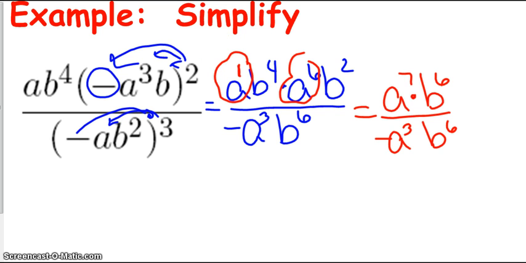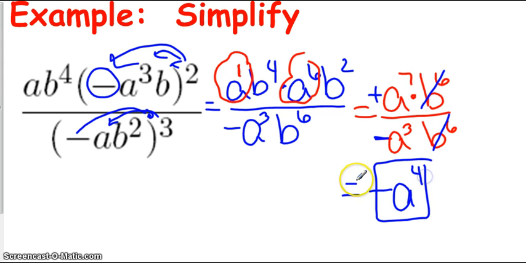Now it's dividing. It's the same, b to the 6th divided by b to the 6th, so we can cancel that. This is a positive divided by a negative, which is a negative. What do we do with the exponents? We subtract them. Good. So we have negative a to the 4th. Okay.